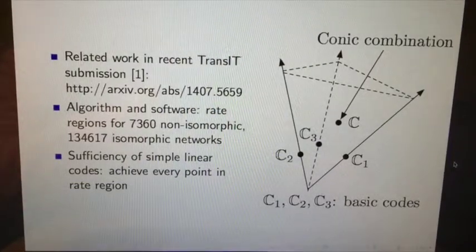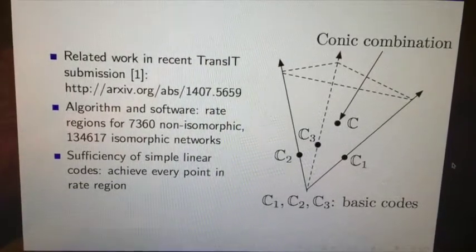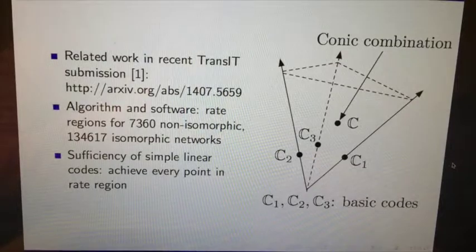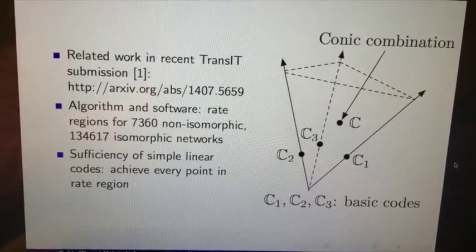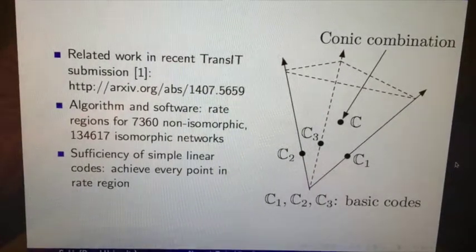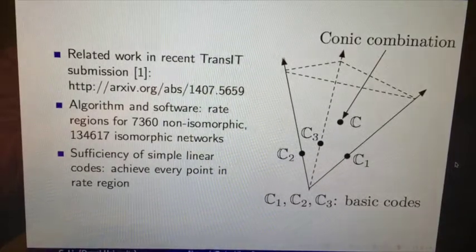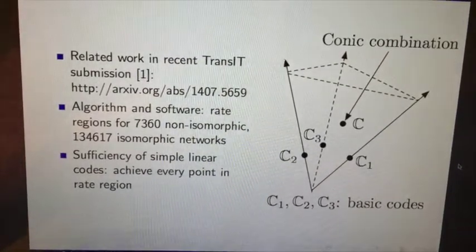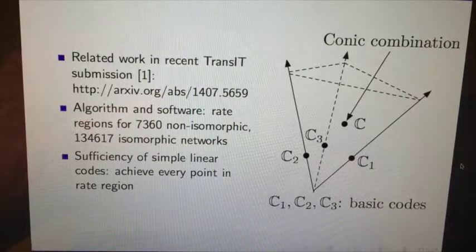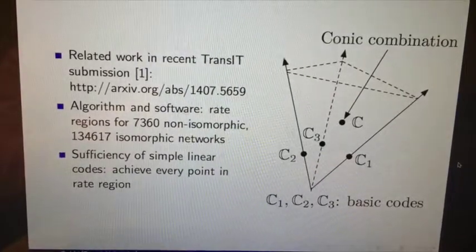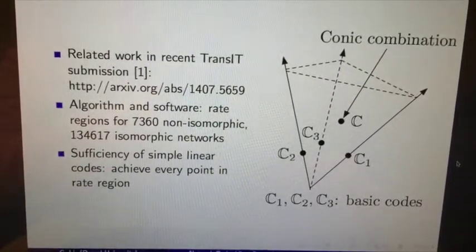Here, non-isomorphic means symmetries or permutations are removed, and we developed an algorithm and software that can be used to calculate these rate regions rather than writing down the expressions by hand.